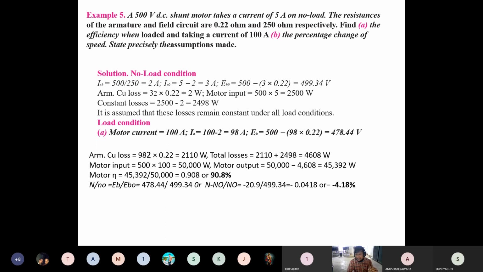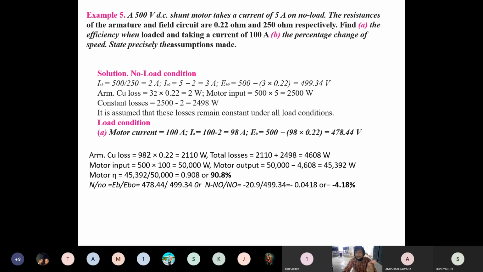First, determine the no load armature current Ia naught. Ia naught is equal to IL minus Ish. Then determine the armature copper loss at no load condition, Ia naught square into Ra. Then determine the constant losses. Constant loss is equal to input minus armature copper losses. So input at no load condition, right? No load armature current is different, loaded armature current is different. Then for loaded condition, they have given to determine the efficiency when loaded and taking a current of 100 amperes.